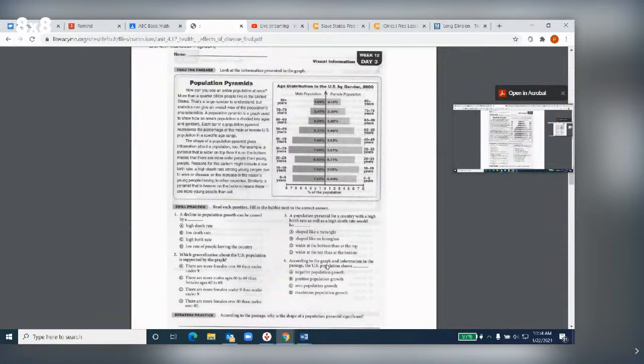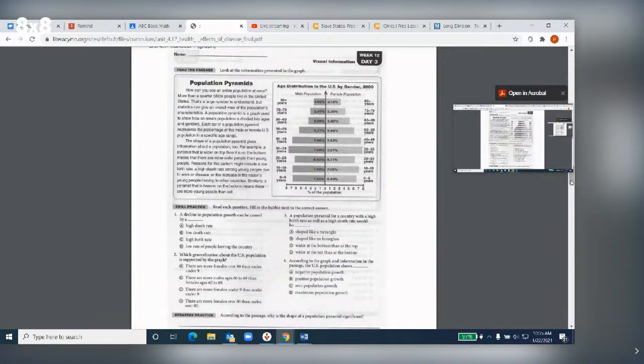So according to this graph information, the passage, the US population shows, what do you think? Negative population growth, positive population growth, zero population growth, or maximum population growth? You have to look at basically these bars, and it's not zero because we are basically growing a little bit.